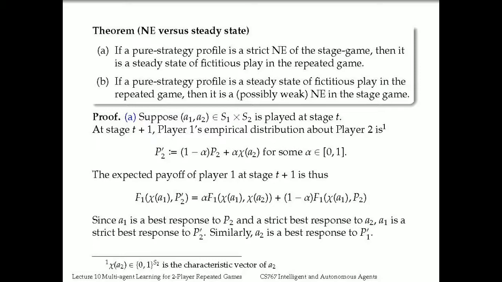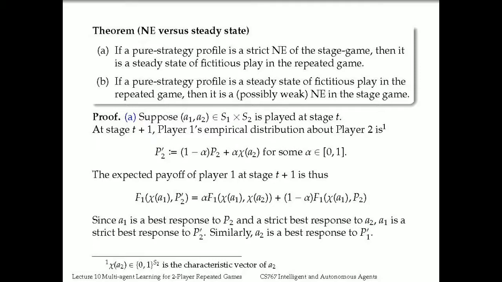Right? So it shows that, if we use fictitious play and suppose the stage game has a pure strategy strict Nash equilibrium, then that will be the eventual outcome of this process, right?